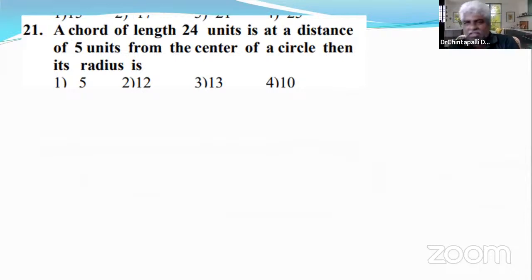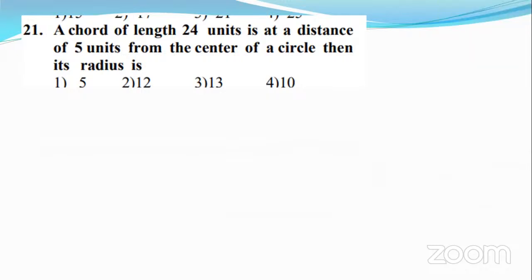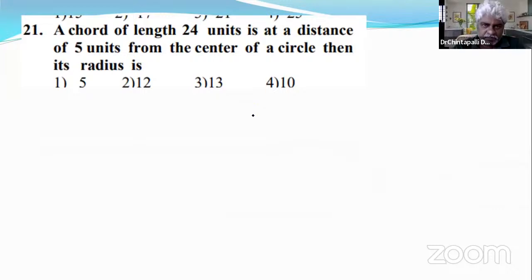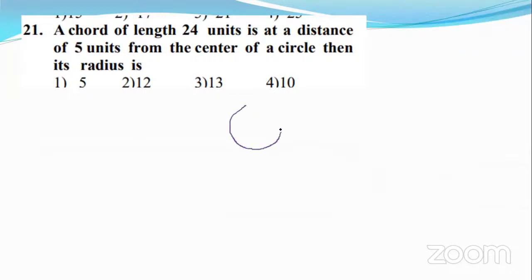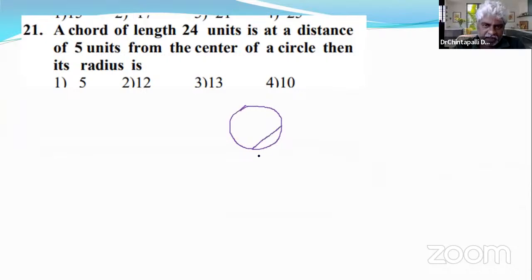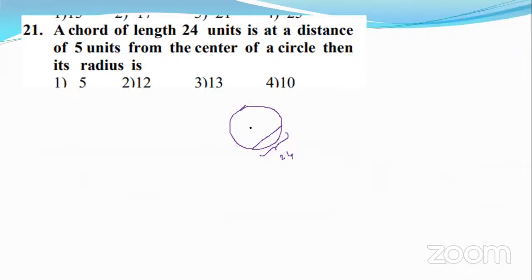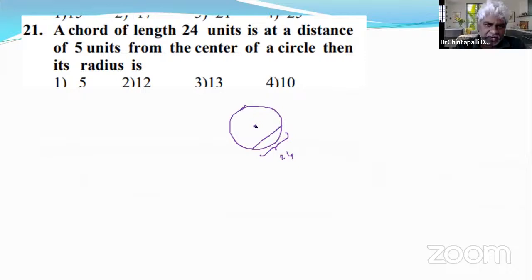You can try this sum, the 21st sum. A chord of length 24 units is at a distance of 5 units from the center. This is the chord, its length is 24, and this distance from the center is 5 units.